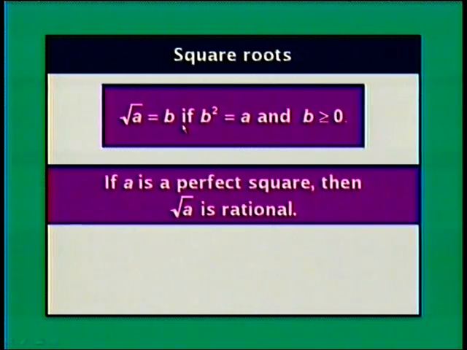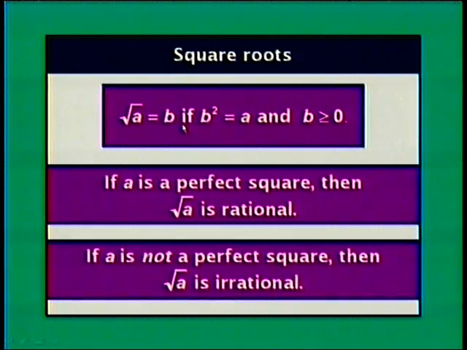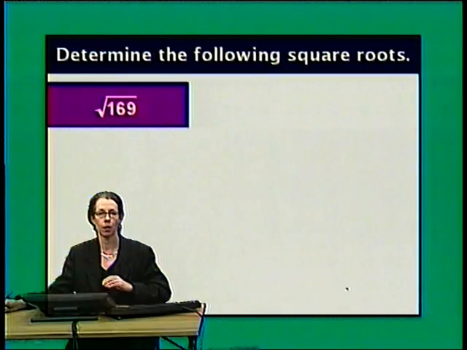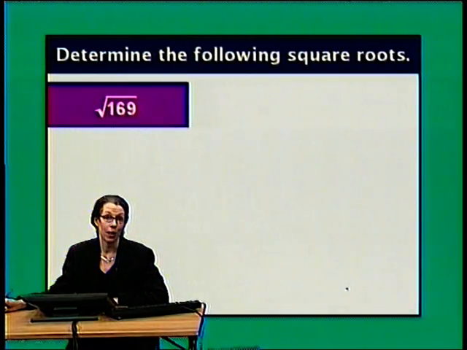If a is a perfect square, then the square root of a is rational. And if a is not a perfect square, then the square root of a is irrational. And we'll see lots of examples of this in the lesson. So let's evaluate the square root of 169.